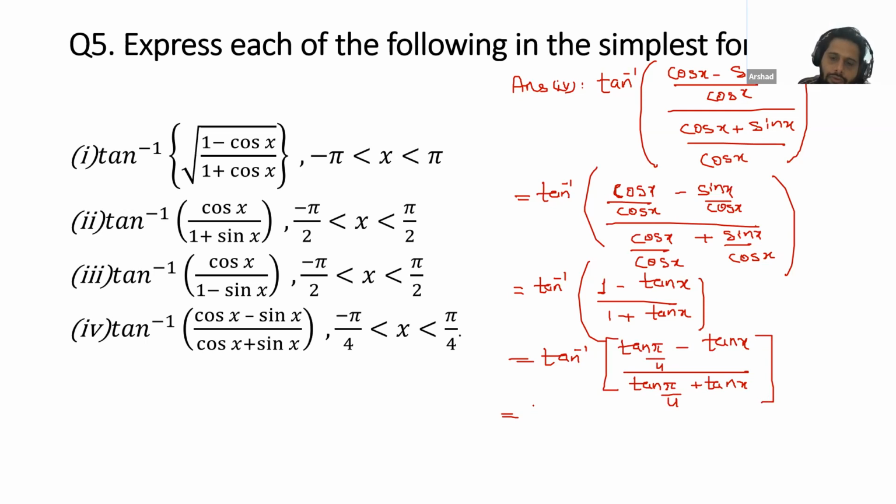So here we get tan inverse of tan pi by 4 minus x, so tan inverse tan is pi by 4 minus x.